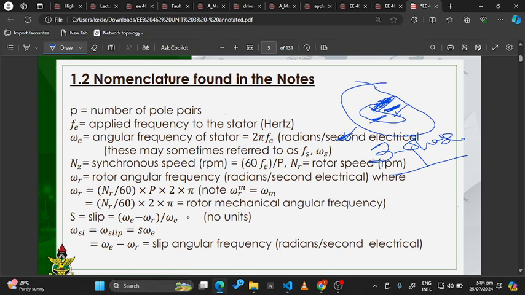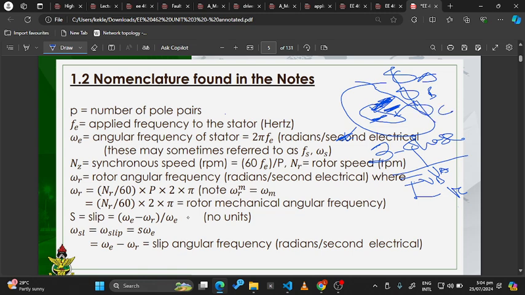In a three-phase motor, when you supply three-phase voltage to it, you have phase A voltage, phase B voltage, and phase C voltage. Three-phase current is going to flow through the windings. We will look at the construction of the motor very soon. When the three-phase current flows, it's going to produce three-phase flux: phase A flux, phase B flux, and phase C flux.